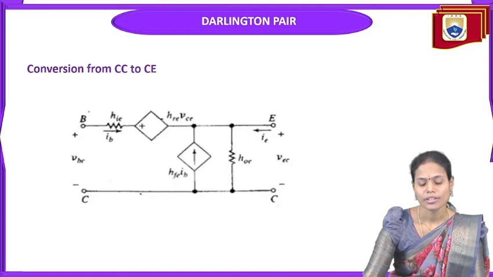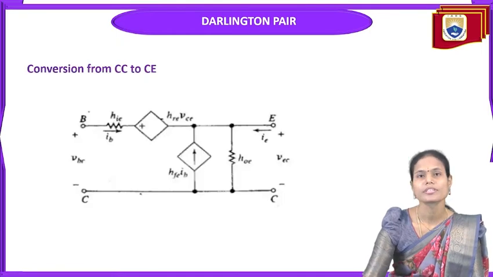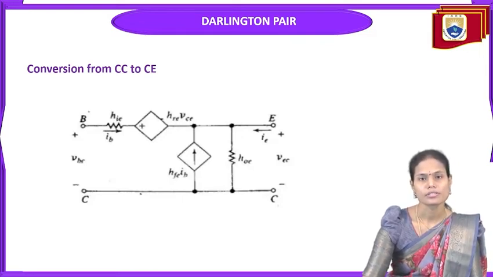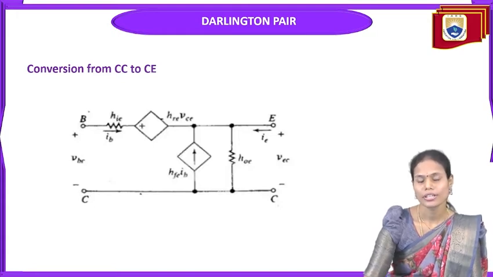Next we are converting this CC configured parameter into CE configuration. Why? Because the second stage is already in common emitter configuration. If the first stage is also in common emitter configuration, we can directly perform the multiplication to get the overall values. If we take transistors in different configurations, we cannot find the overall voltage gain as well as input impedance directly.